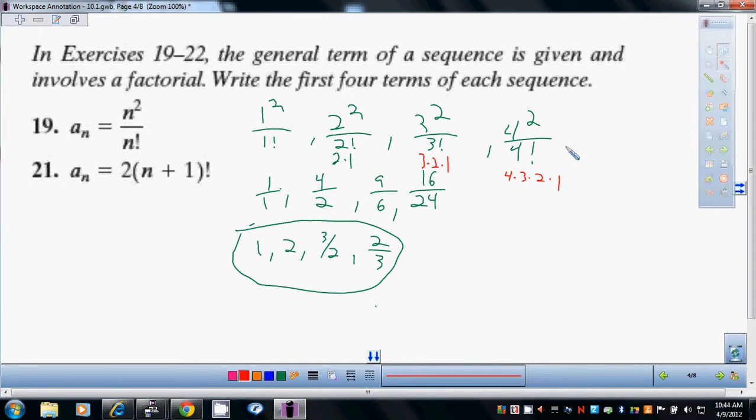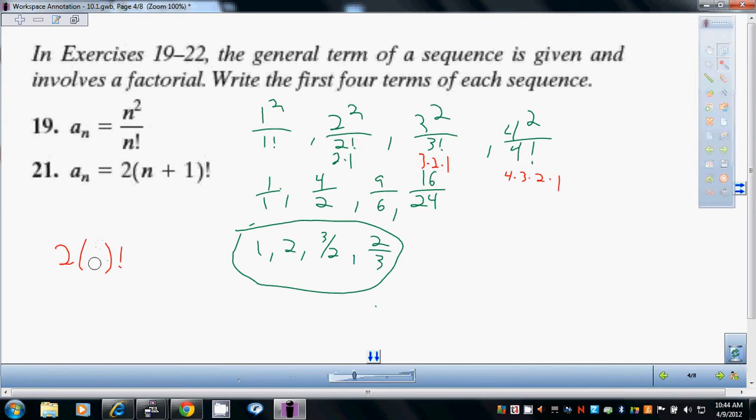Excellent question. Let me think. My instinct would be that it would work as normal multiplication, but let's see. No, and here's why. Let's say you had 2 times 6 factorial. 6 factorial is big, but then you double it.